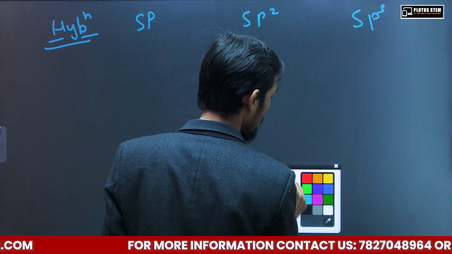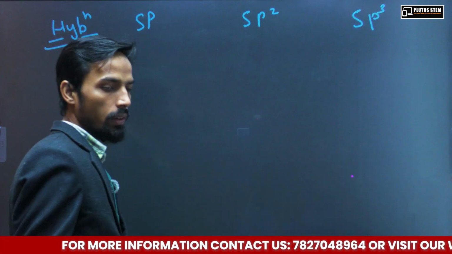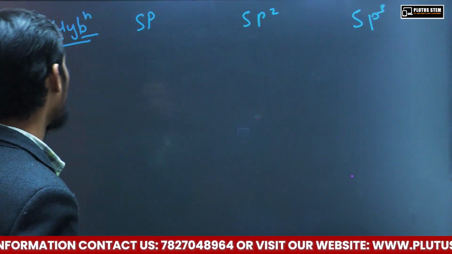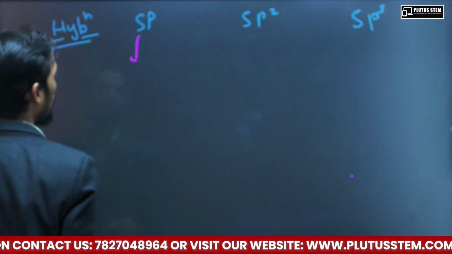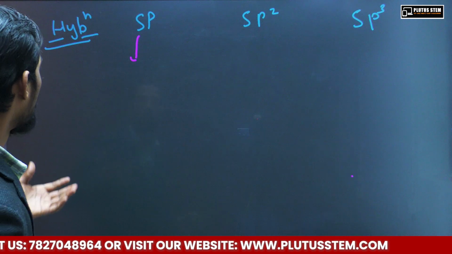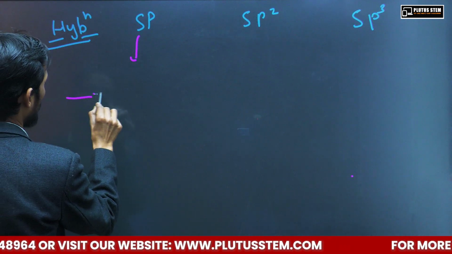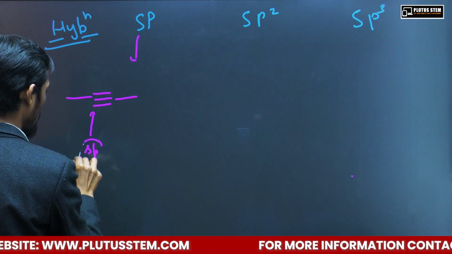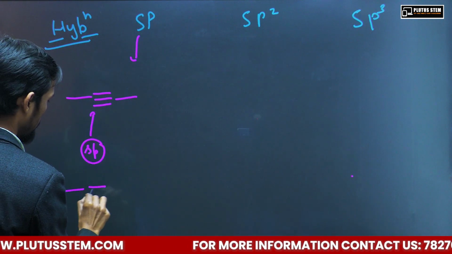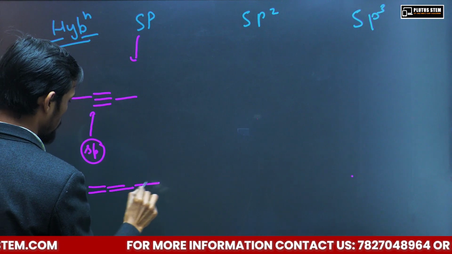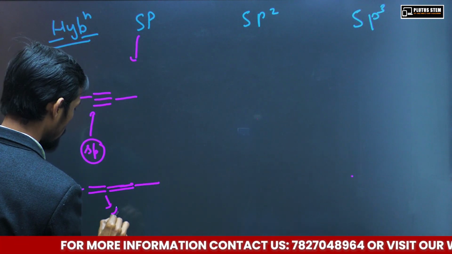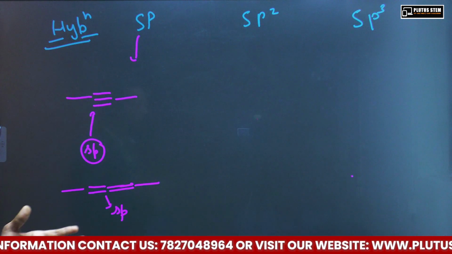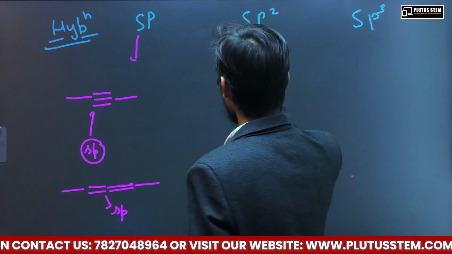In these three hybridizations, if we go into the depth, we see that if any molecule or moiety has an sp hybridized bond like this, like this, so this is sp hybridization. The classification can be based on this.